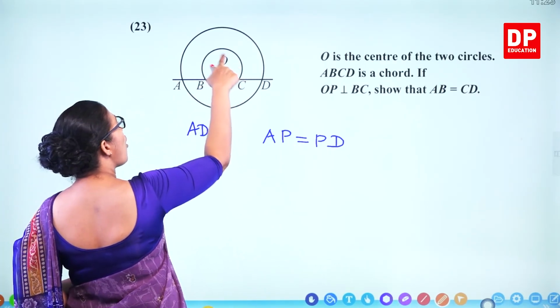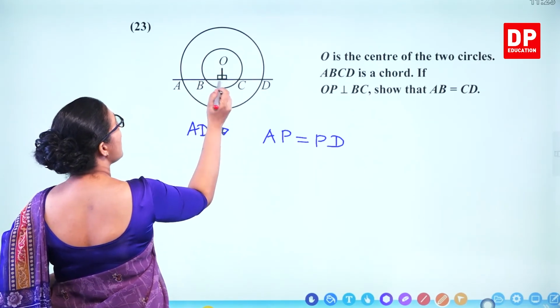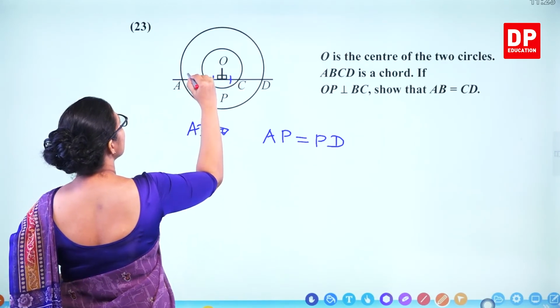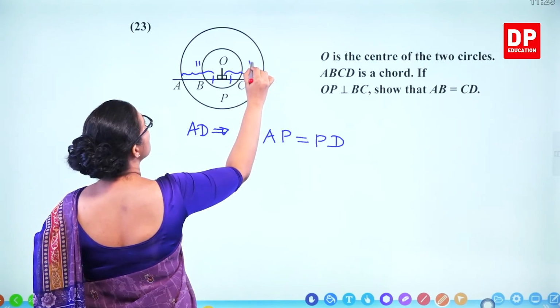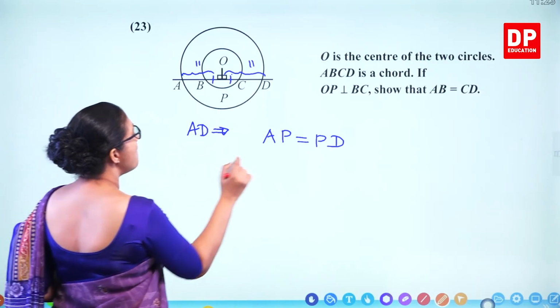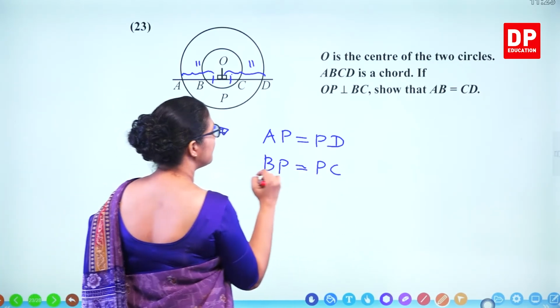If you take the smaller circle, that's also perpendicular. It divides equally. So this length is equal to this one, and this length is equal to this one. So when you consider the smaller one, BP is equal to PC.